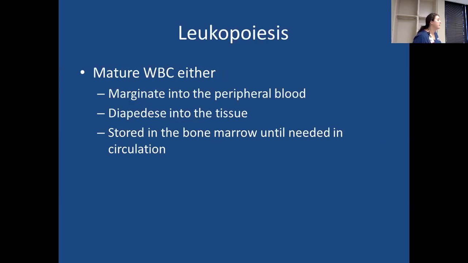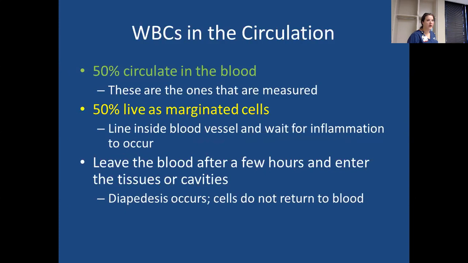Both of those will eventually diapedese into the tissue where they will be destroyed, whether that be the spleen, and then they'll be taken out. All right, so 50% circulate in the blood. And again, these are the ones that we actually measure during the CBC.